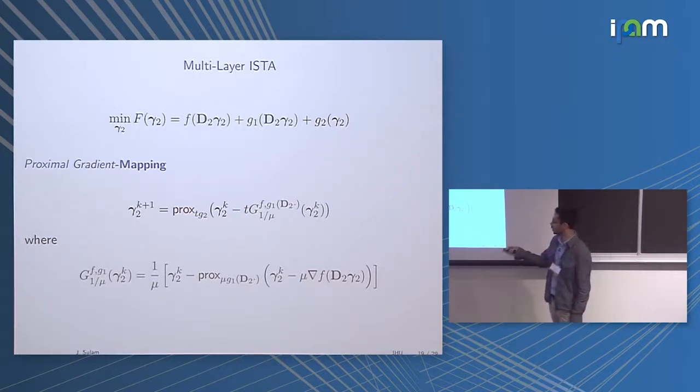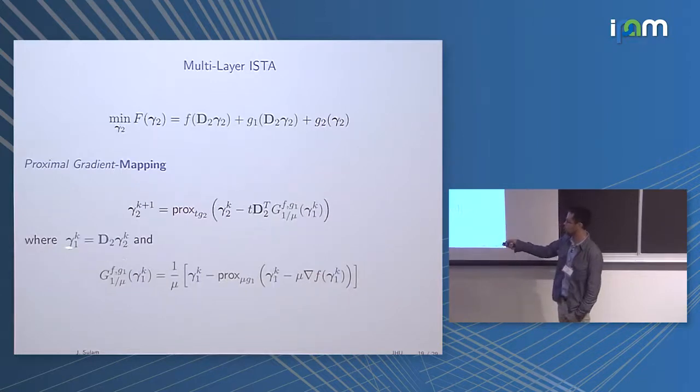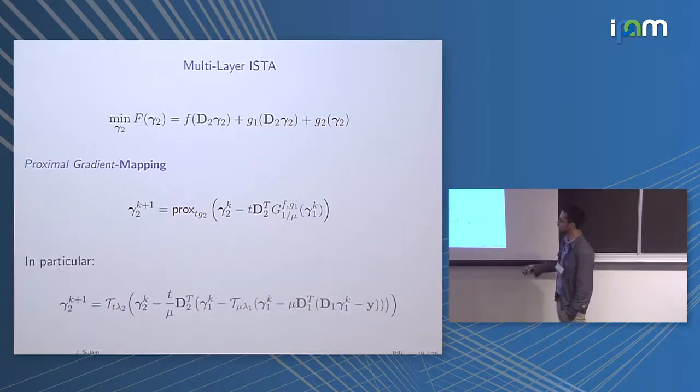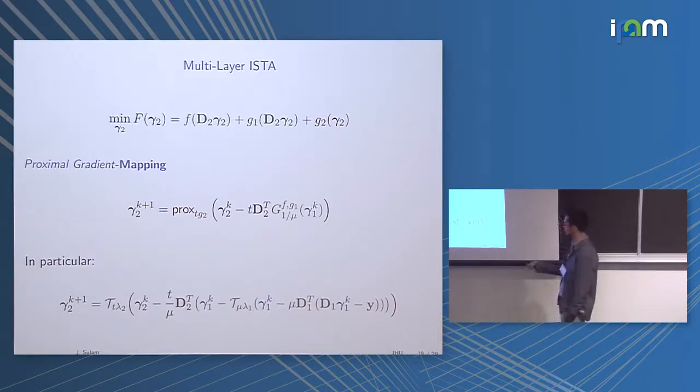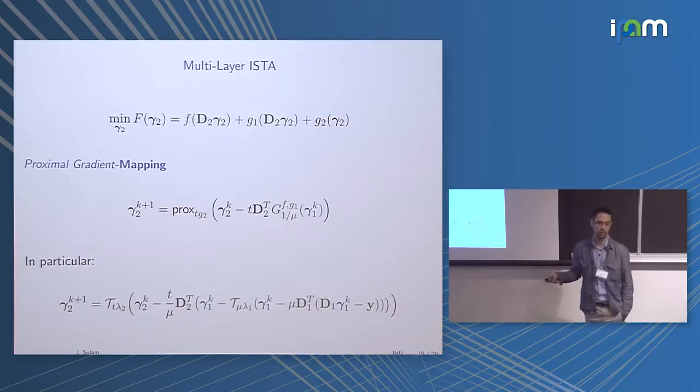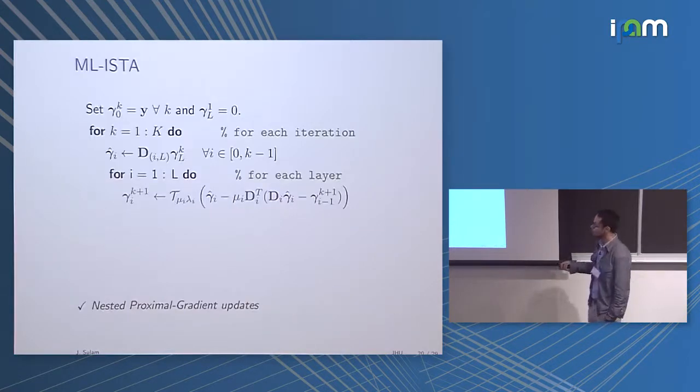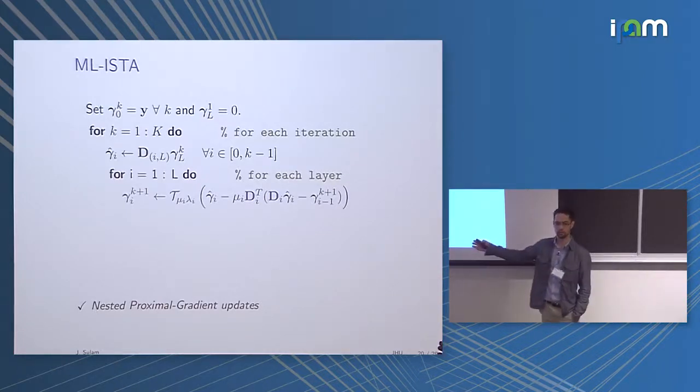Okay, and we're going to do a change of variables. So instead of defining this for gamma 2, we're going to do it for gamma 1. Gamma 1 is just D2 gamma 2. And then we put everything together, and you end up with an algorithm that looks like this. That looks rather complicated and ugly, but it turns out that this is very intuitive and easy to implement, because you can write this as an iterative algorithm that does a prox grad at every layer.